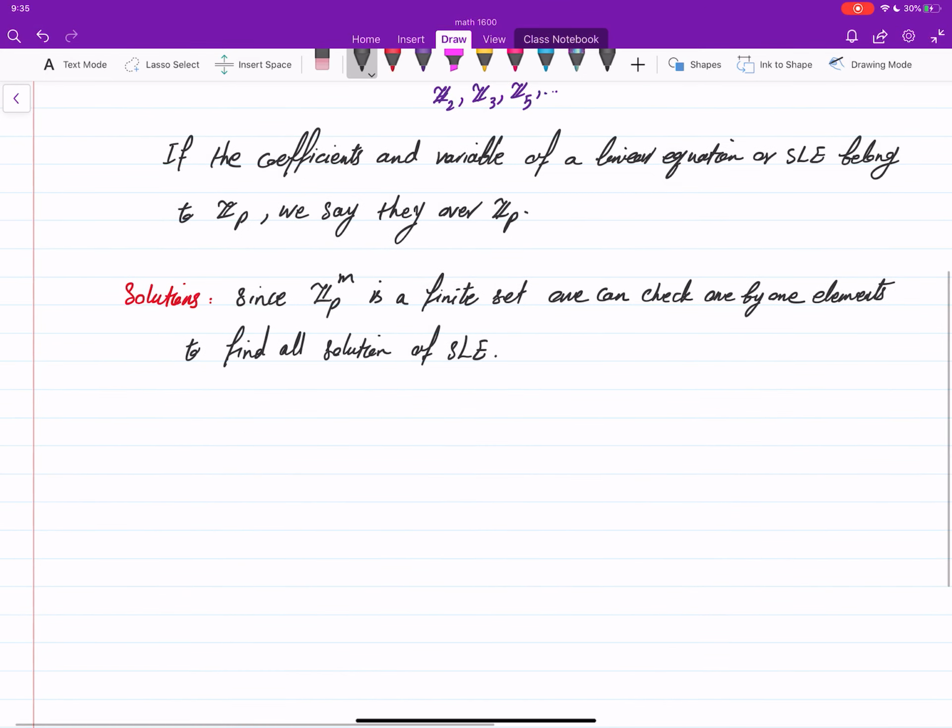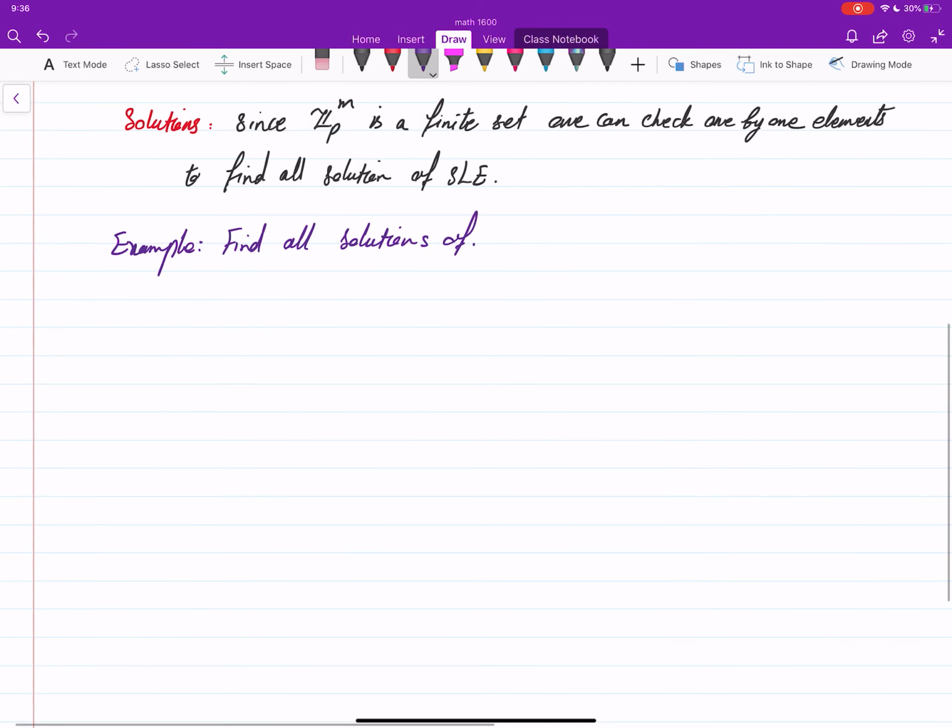For example, find all solutions of x1 plus x2 plus x3 equals 1 over Z2. This means we consider all possible values for x1, x2, x3 in Z2.